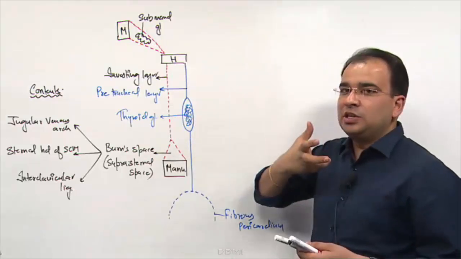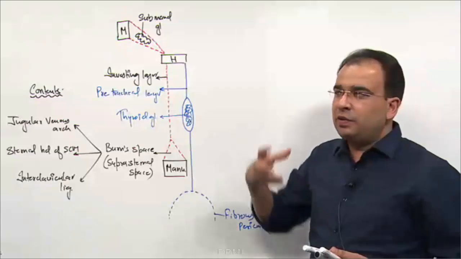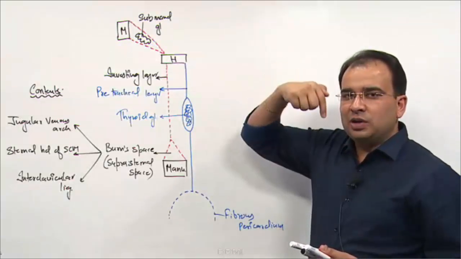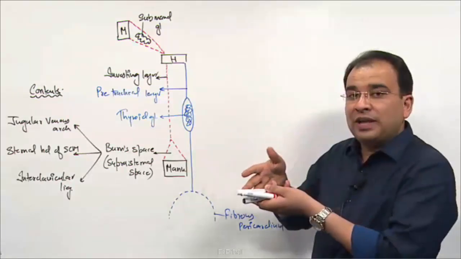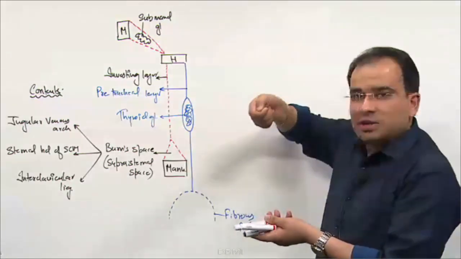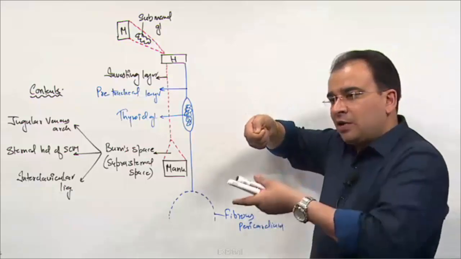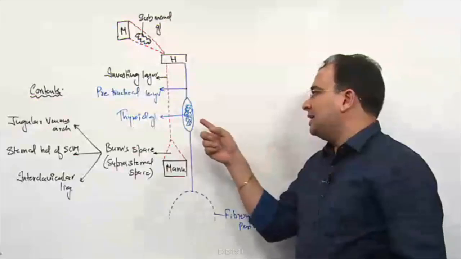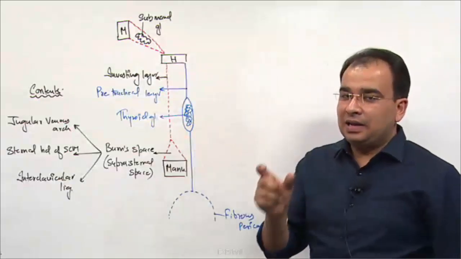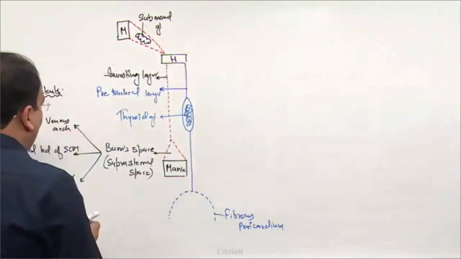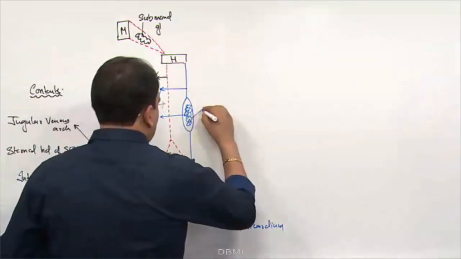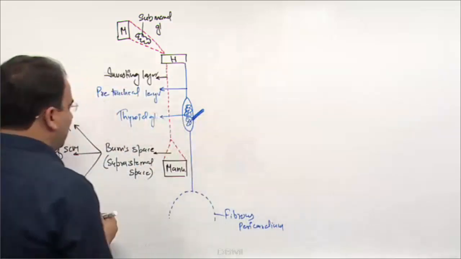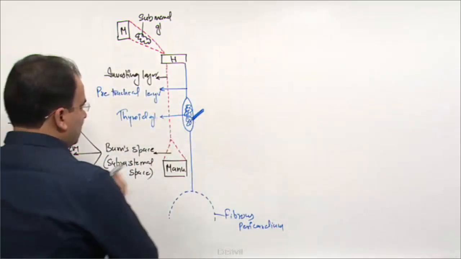In deglutition we use longitudinal muscles, and all the longitudinal muscles are inserted to the posterior border of the thyroid cartilage. So the thyroid cartilage is pulled up, the cricoid is also pulled up, and the cricoid is connected to the thyroid gland by the ligament called the ligament of Berry or suspensory ligament of Berry.